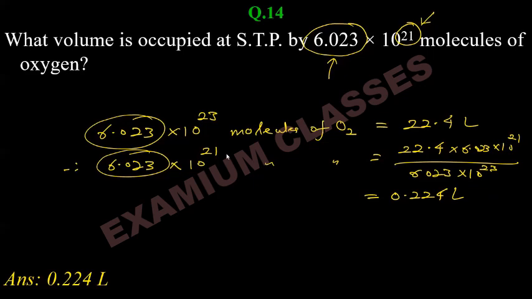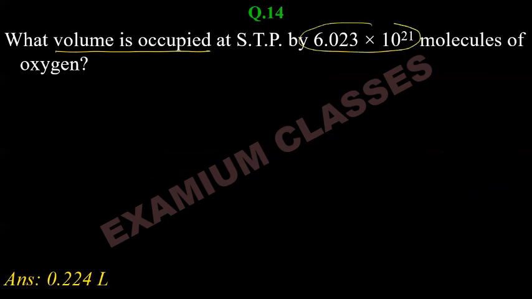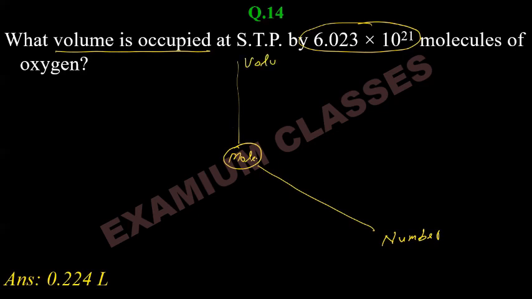Now this question says what volume is occupied at STP by these many atoms. Now remember when we talked about the conversion, we said here we have mole, here we have numbers and here we have volume, if you remember that diagram. It is asking that if you have 6.023 into 10 power 21 molecules, and oxygen exists as molecules, there is no further conversion required.